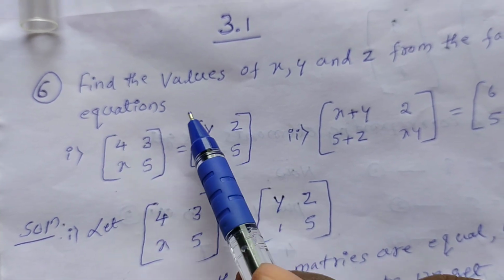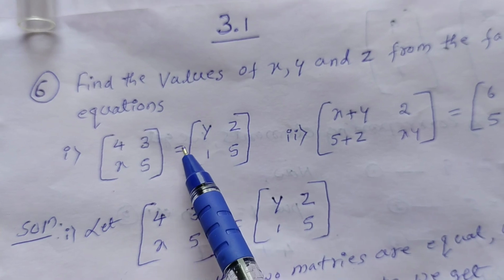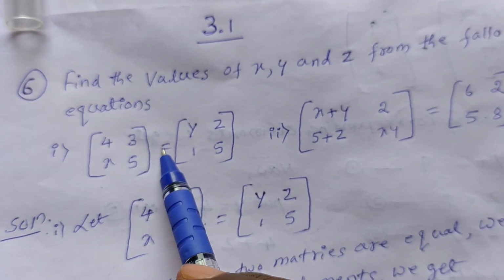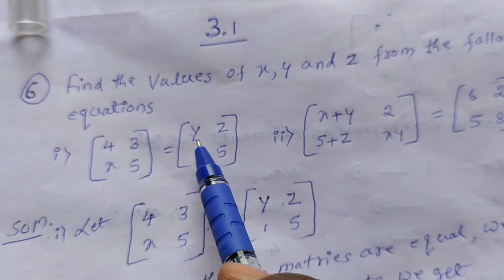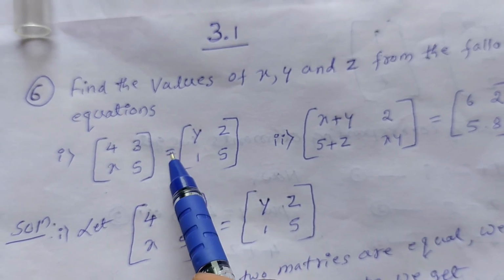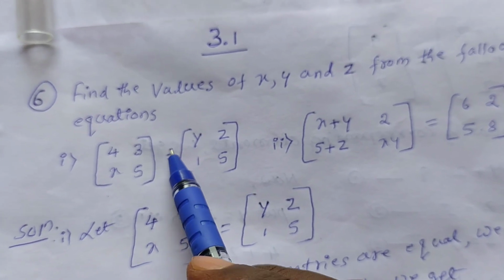They gave two matrices of the same order, and these matrices are equal because the equal symbol indicates that two matrices are equal. How can we tell that two matrices are equal? By observing the equal symbol.